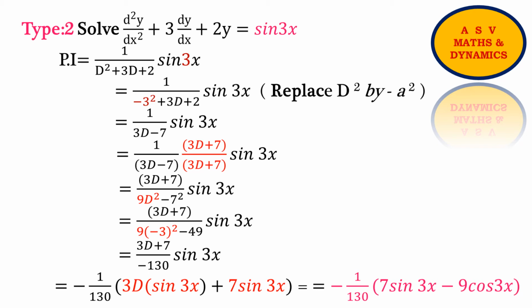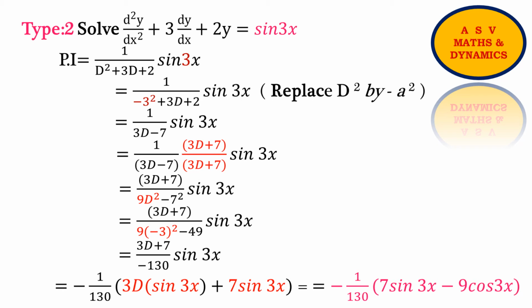So 3 into 3 is 9, then cos 3x will come, plus 7 sin 3x. But in the denominator a negative is there, just write negative of 1 over 130, and the answer here is positive.